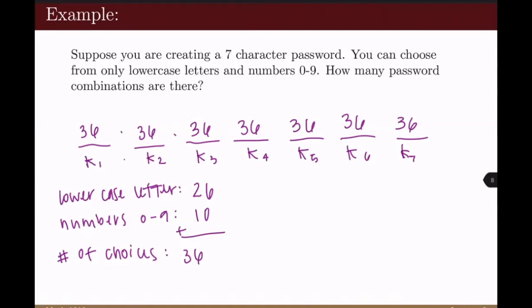And that means we're multiplying, right? So this is going to be 36 to the 7th, some very, very large number.